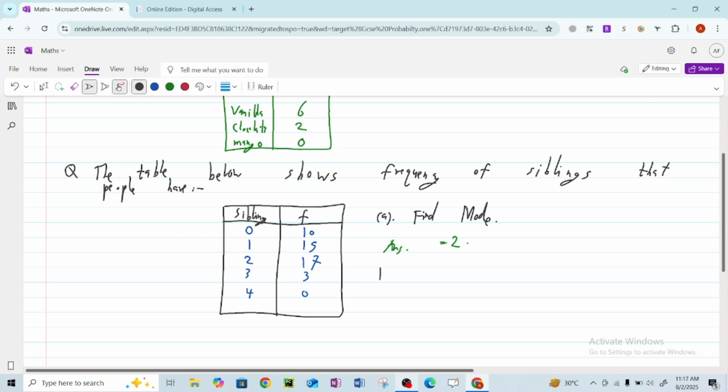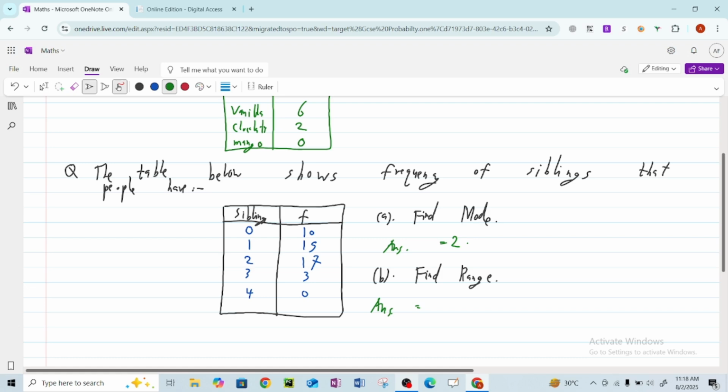Then the next question. Someone says, find the range. Again, the range is not going to be these values, it's going to be these values. Someone will say the range is just 4 minus 0, because like we discussed in the previous class, range is the highest value minus the lowest value.